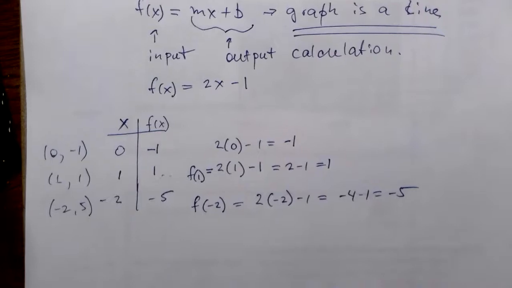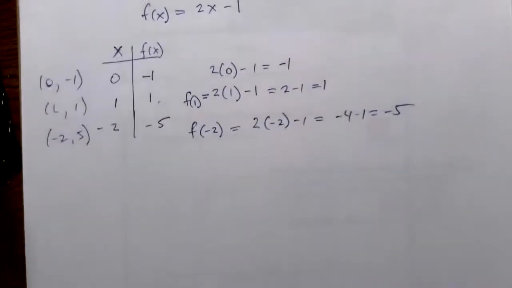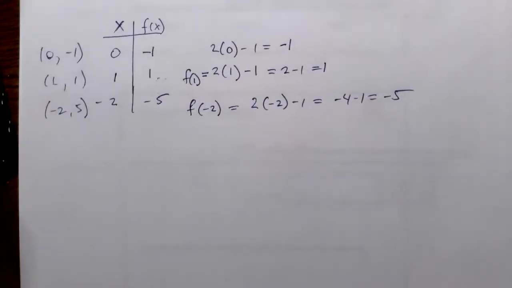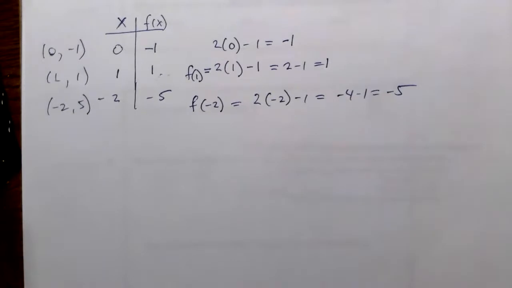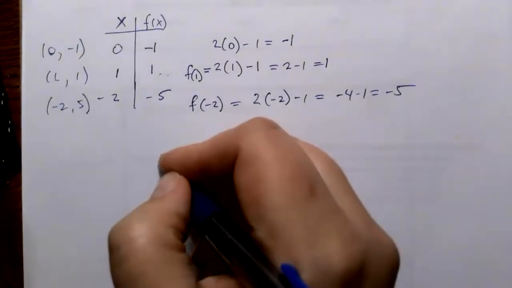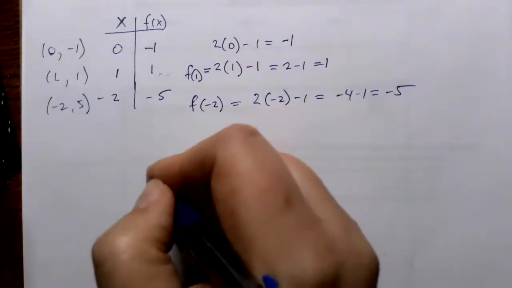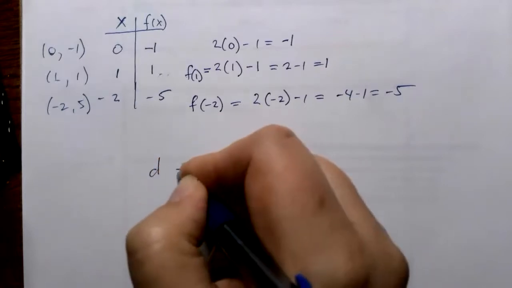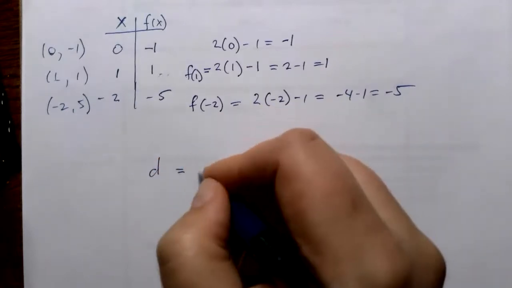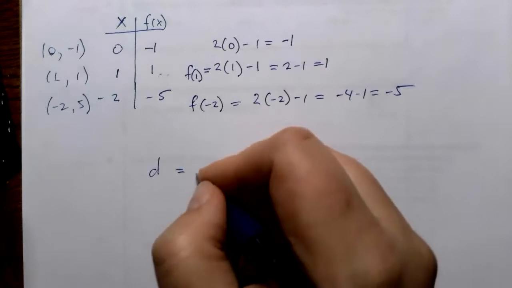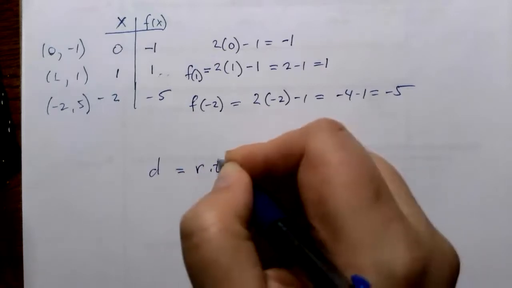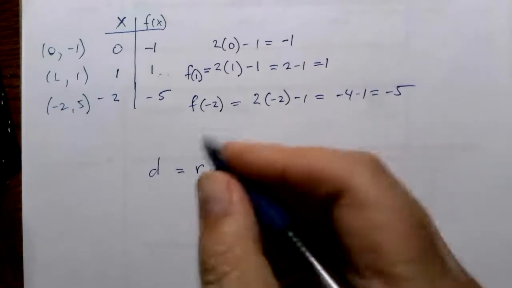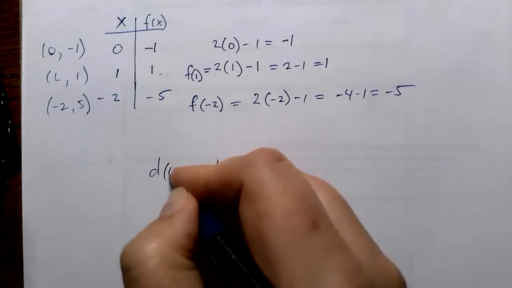Okay, so moving on, which linear functions do we know in our day-to-day life? Well, one of the functions that you're very familiar with is the distance formula, which is distance equals rate times time, or speed times time. And this is a function of t.